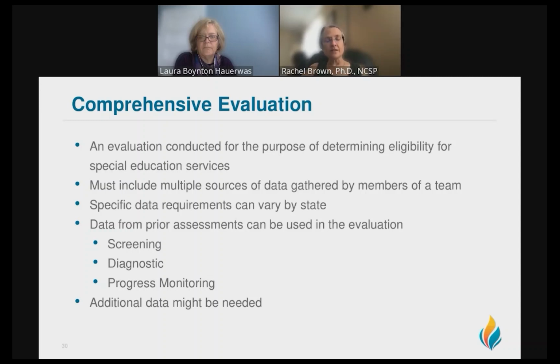Because when that is the case and the team confirms that dyslexia is present, the next question is, does this student need specialized instruction in order to make effective progress in school? That's another required question that needs to be asked by a team before making a decision about special education eligibility.